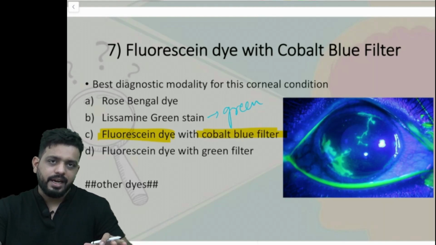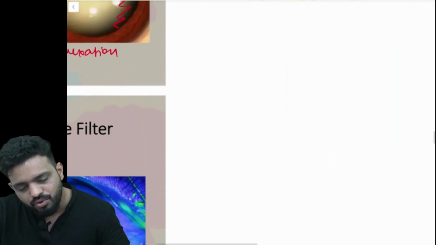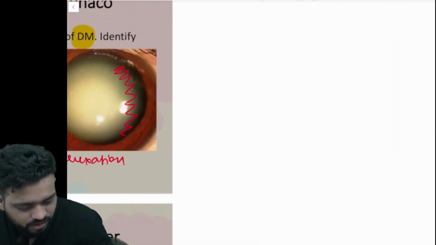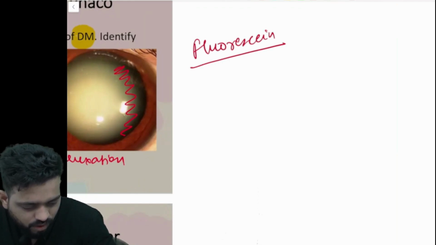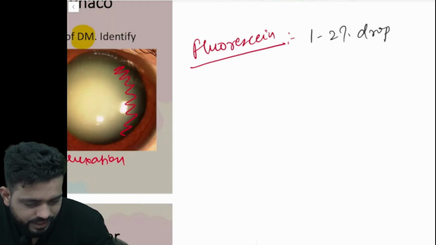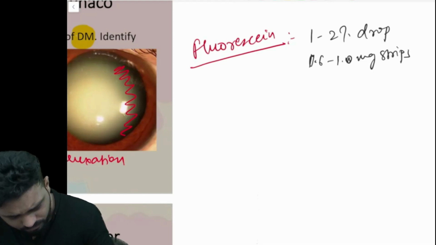We'll just see a few of the theory parts of the fluorescein dye, because it is the most important dye in ophthalmology. So when we talk of fluorescein dye, remember what we get in the market as concentration is 1 to 2% drops, or we get ready-made strips of 0.6 to 1.0 milligram strips. Okay.